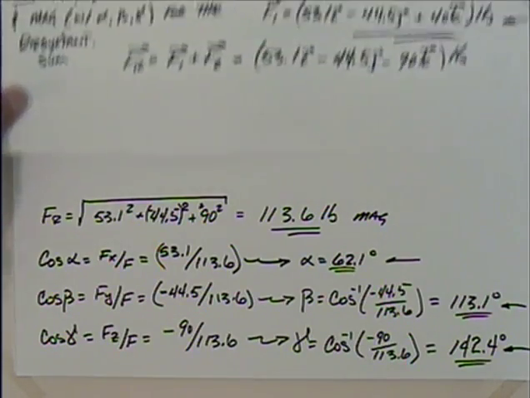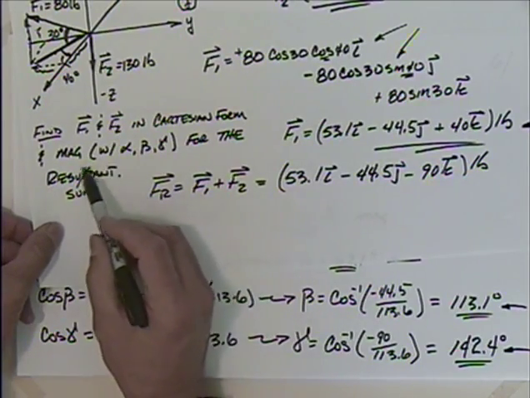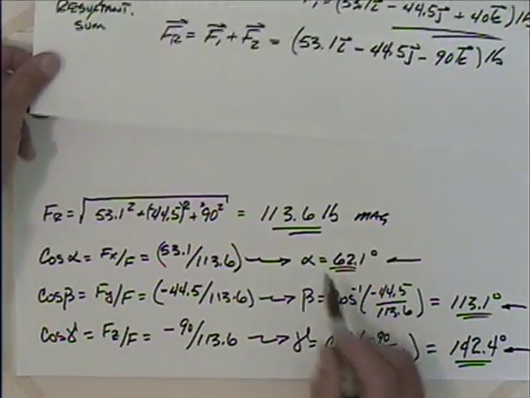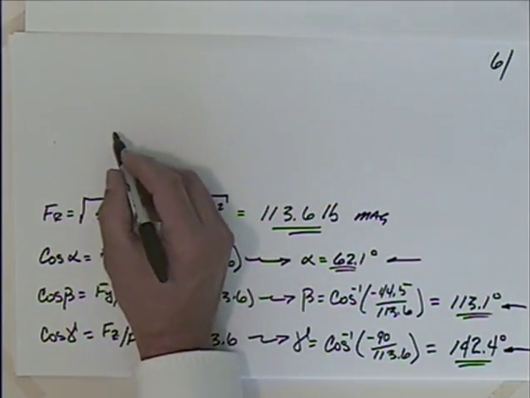Well, if you wanted to, I think we're okay. We've found F1 and F2 in Cartesian form. We've got the magnitude and the angles for the resultant. One thing we could do if we wanted to is check out this work.